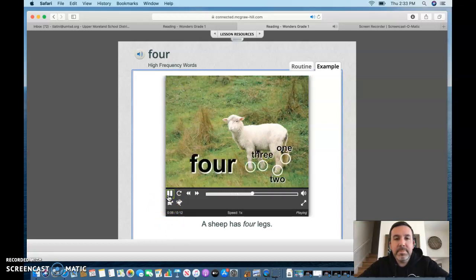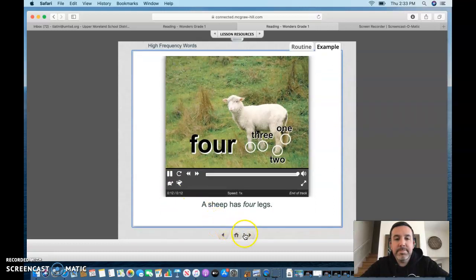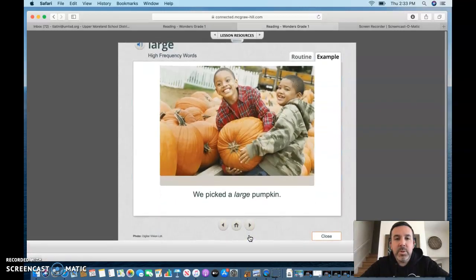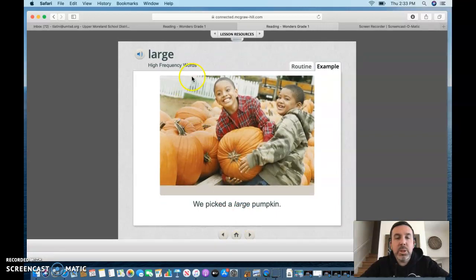This is the word for. Say it with me. For. Awesome. The next word is the word large. Listen to the sentence. We picked a large pumpkin. Can you say that word large? Awesome.